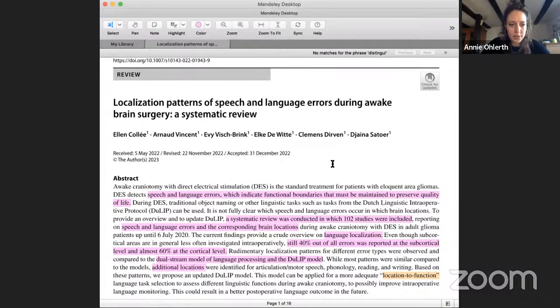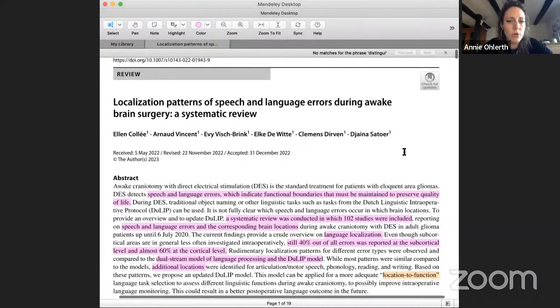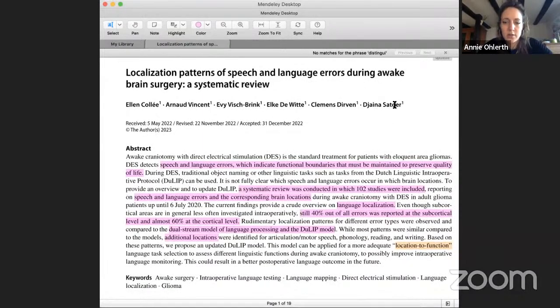However, here they're putting together in total 102 studies. And all the patients there, all the error patterns they found, and then they're trying to come up with a location to function pattern. This is a group from Rotterdam around Gina Sautour. They're publishing a lot on this.